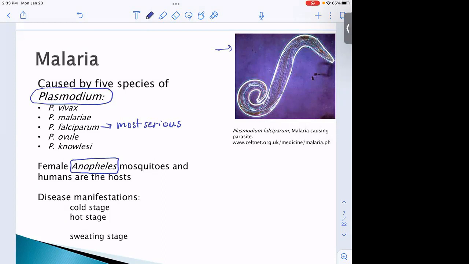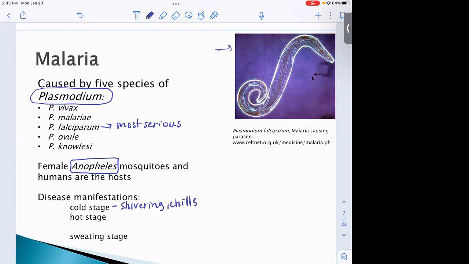So typically attacks last maybe 6 to 10 hours and then are repeated maybe every 2 or 3 days. So you go through a cycle if you're ill: a cold stage, a hot stage, and a sweating stage. In the cold stage, which might last just a few hours, the patient is shivering. They've got chills.